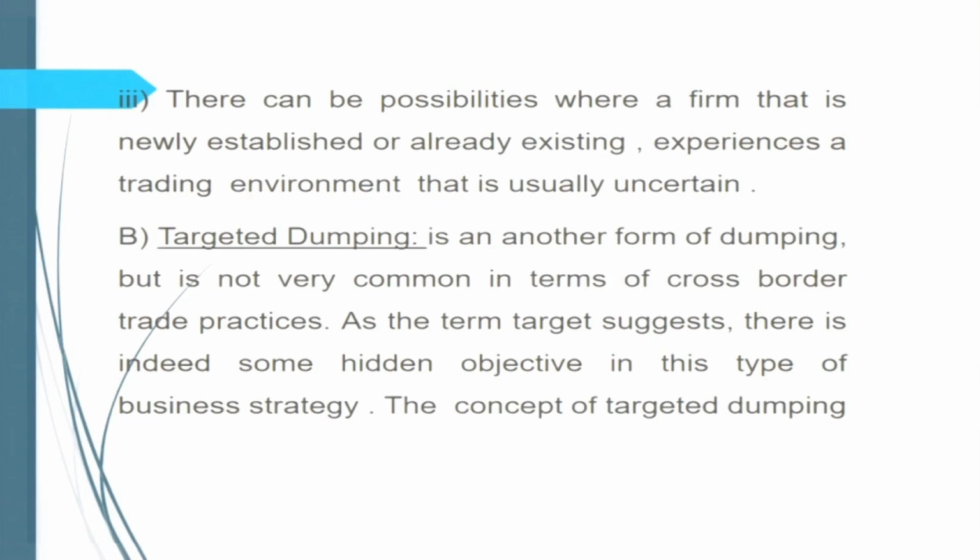Then thirdly, there can be possibilities where a firm that is newly established or already existing experiences a trading environment that is usually uncertain. So, something has happened. Let us take the example of the COVID situation, where many things were produced, but they could not be sold. They were stocked in warehouses, or wherever they wished to store them.